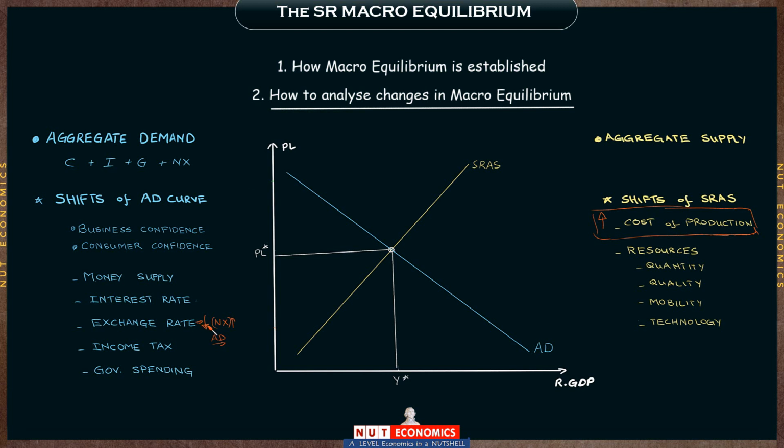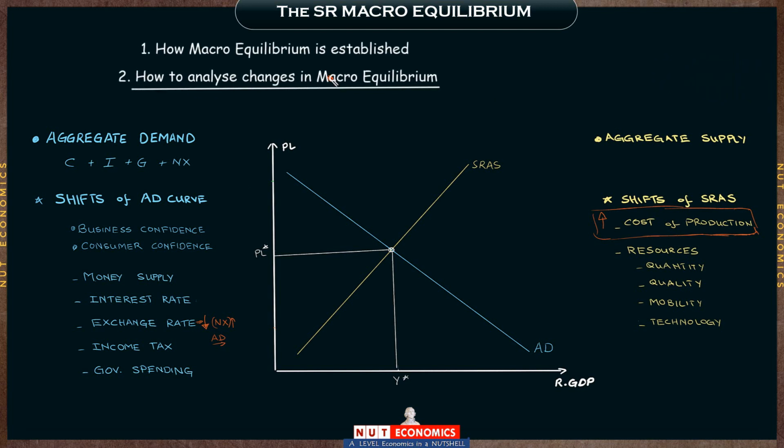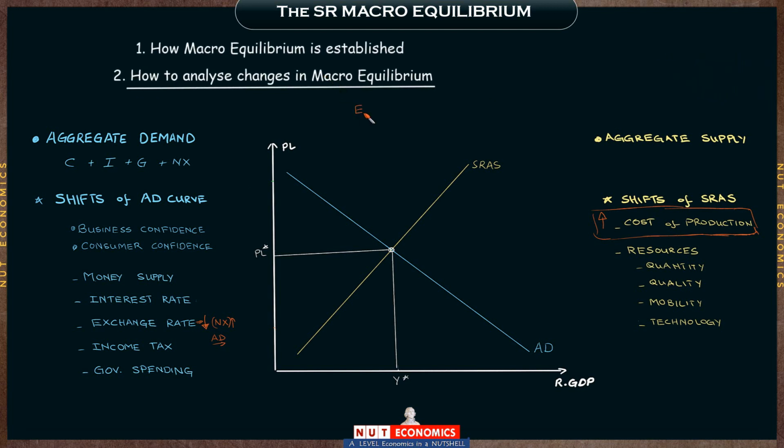So you reduce your exchange rate, aggregate demand will increase since your net exports will increase, but reduction in your exchange rate would also mean more expensive imported raw materials, and therefore your cost of production will also increase. This means that exchange rate depreciation will cause a shift of your aggregate demand to the right, and it will cause your aggregate supply to shift to the left.